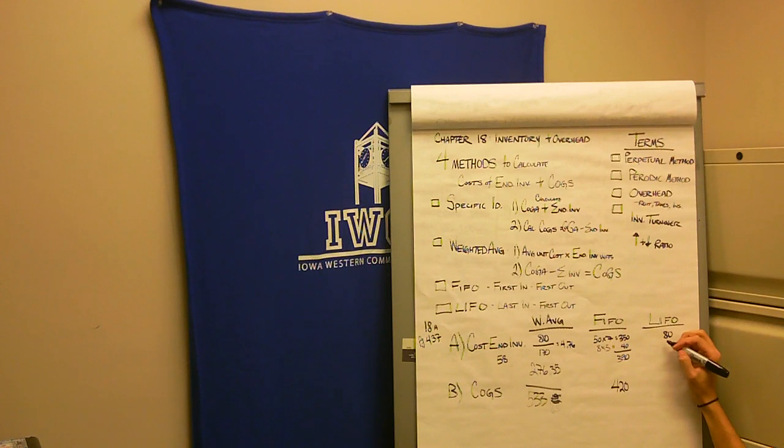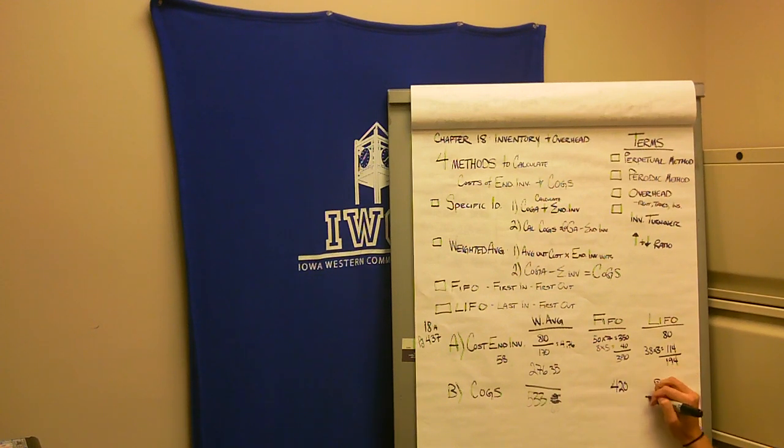And then 58 minus 20 is 38 units. So 38 units at $3 equals 114. So this is 194. So 180 minus 194 equals 616.